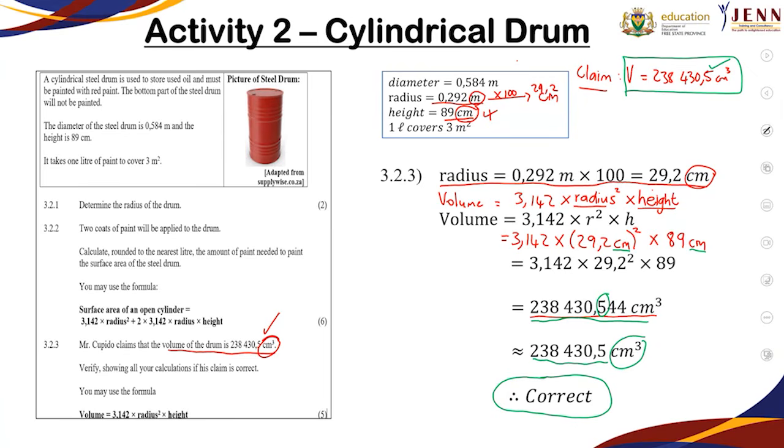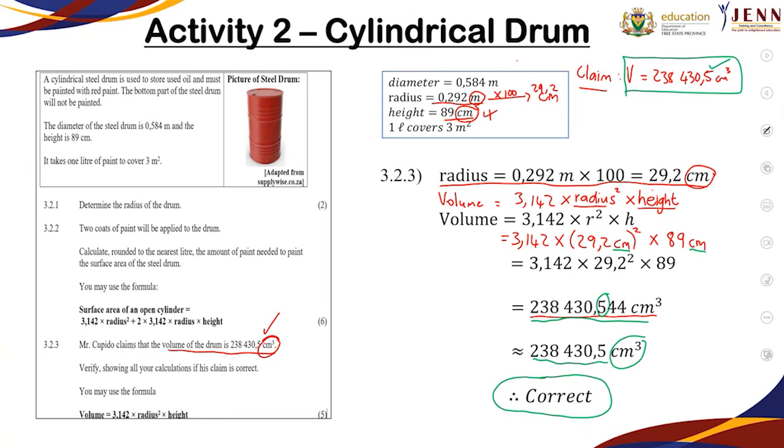So now you must speak about the story, the scenario. Like in this question of the cylindrical drum, in your statement you have to mention something about the drum. When you give a definition of a radius, you have to mention something about the drum because the context is about the drum. So you must remember that.